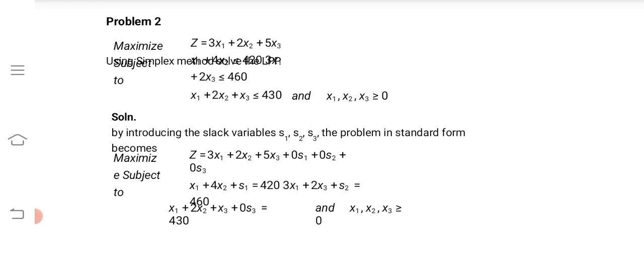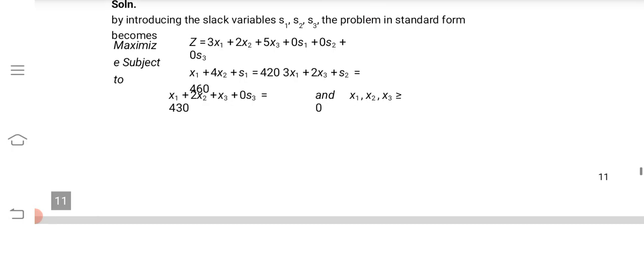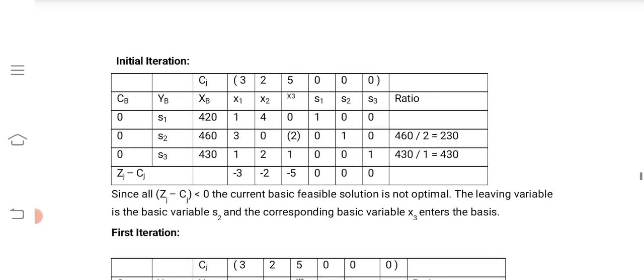In this problem, there are three variables x1, x2, x3 and three constraints. Two constraints are less than or equal and one constraint is greater than or equal.